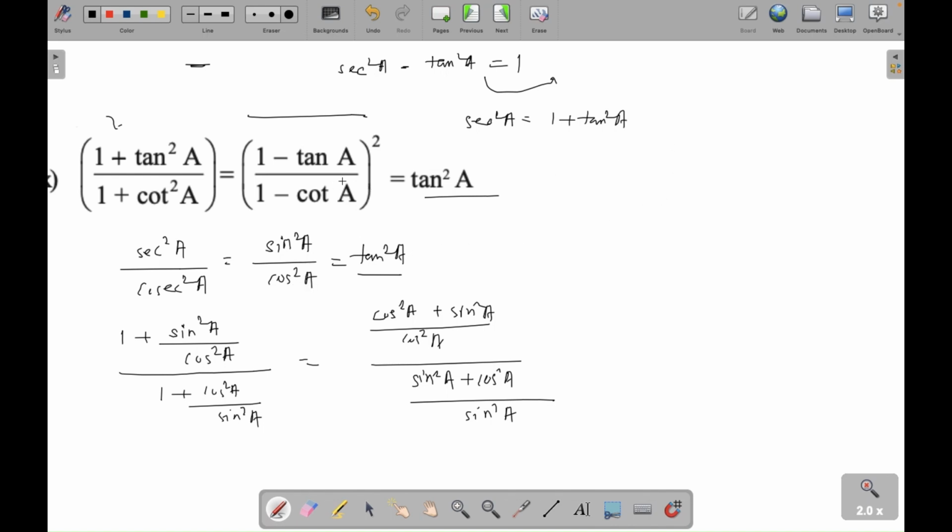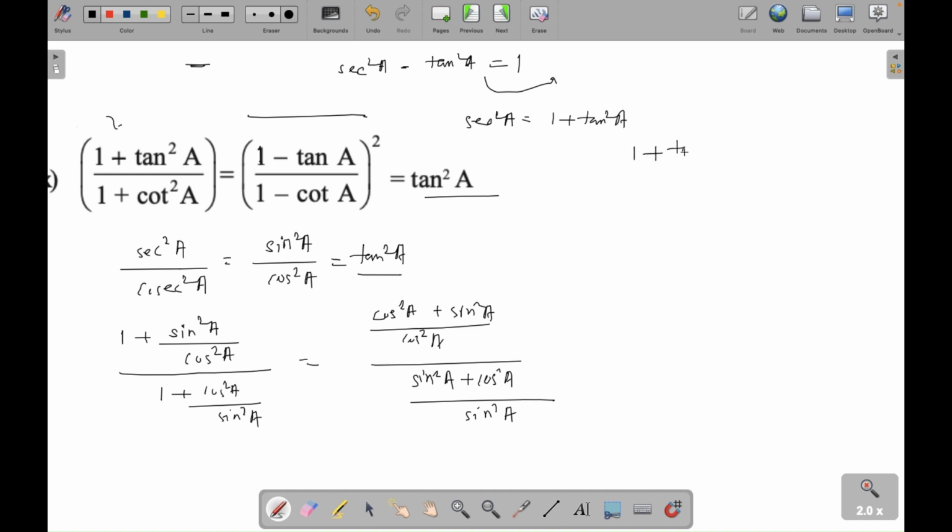Right, here what we have is 1 minus tan A upon 1 minus cot A, all squared. So if we try to solve this, first of all, let us try to expand this. Because if we expand this, we'll get 1 plus tan square A plus 2 tan A. And here we'll get 1 plus cot square A plus 2 cot A. Right.